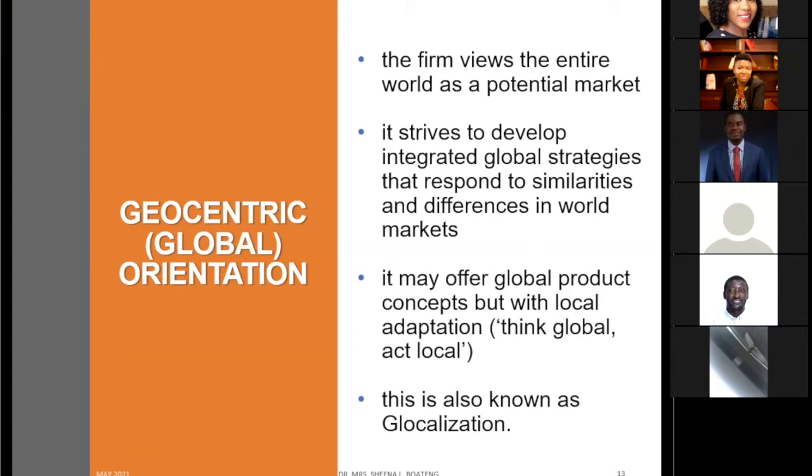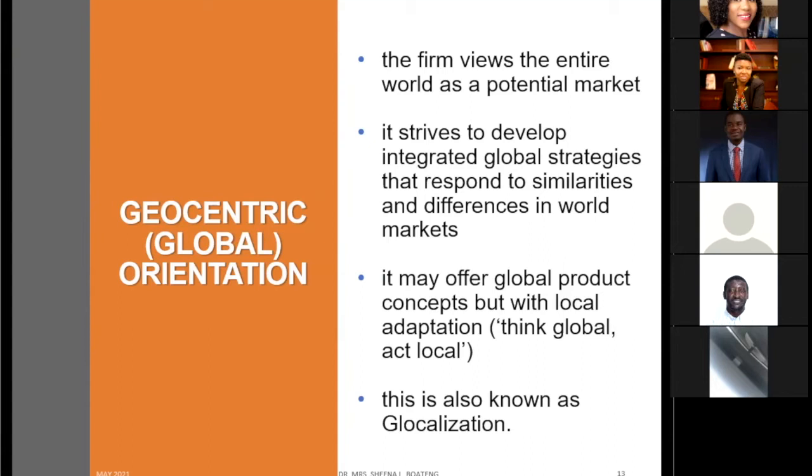However, the initial product will be designed to serve the global market. So this approach of designing an initial product that serves a particular global market with specific unique adaptations to suit individual contexts where necessary is referred to as glocalization.